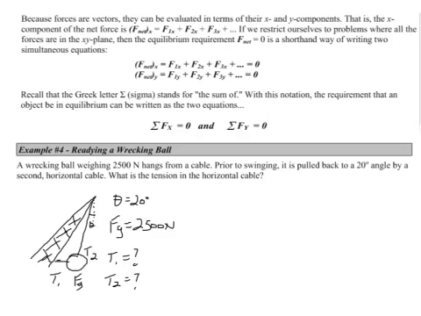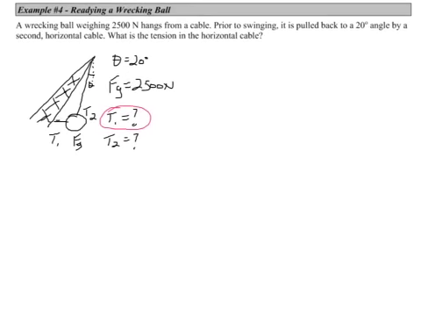We are looking for the tension in that horizontal cable, but neither do we know the tension in that angled cable. So we're going to begin this kind of problem by making a free body diagram. We begin with our axes and represent our object, the wrecking ball, as a point mass. And then we can begin to add in the forces that act on that wrecking ball.